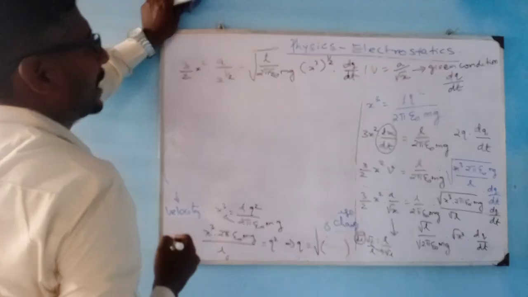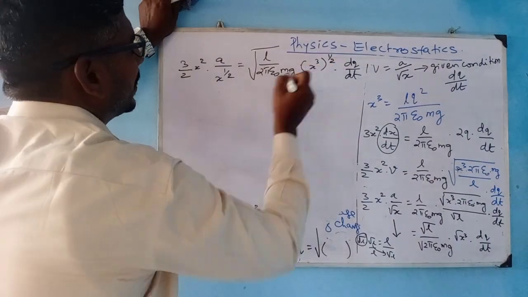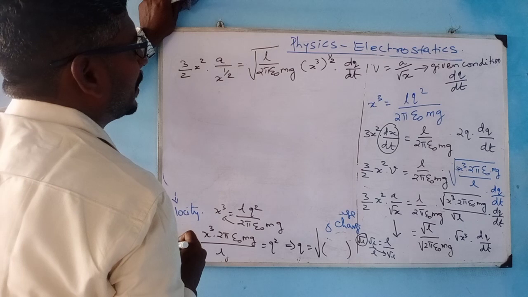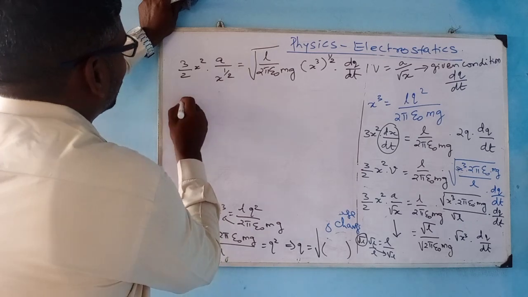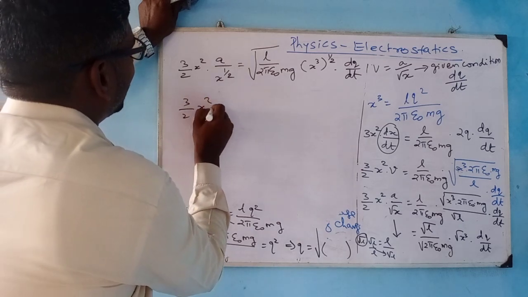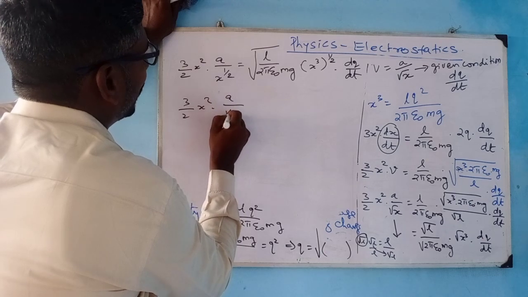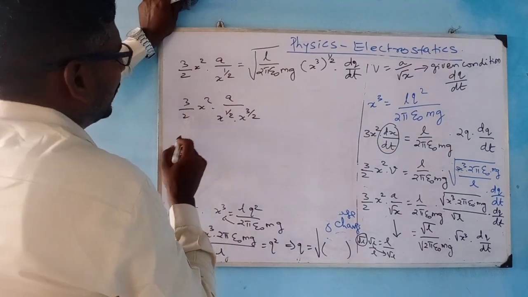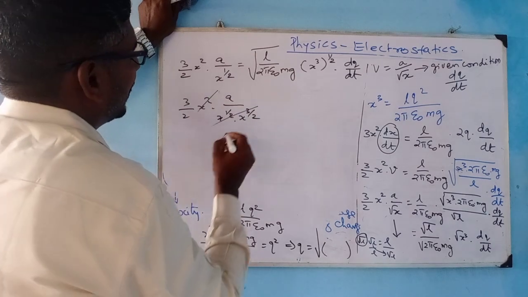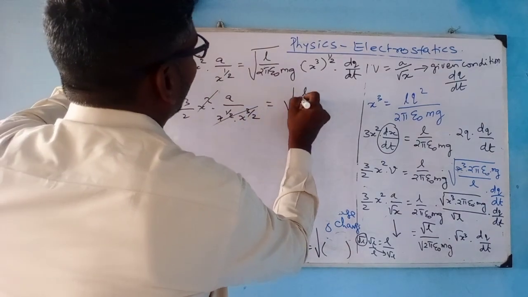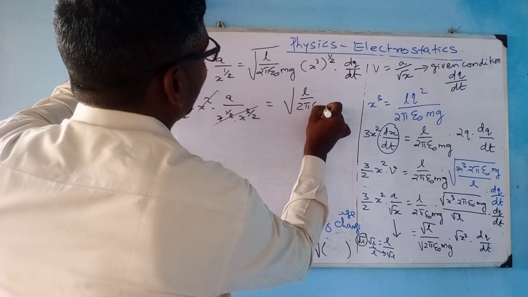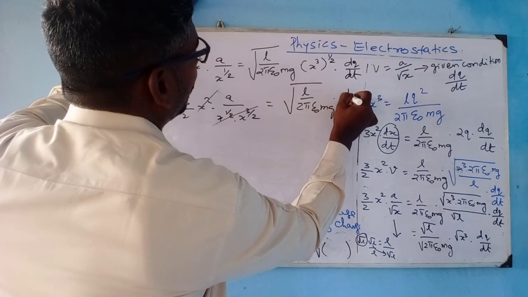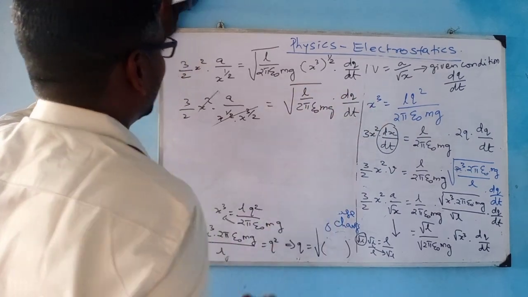So I am bringing it to the other end. So this is x cube to the power 1 by 2, that is 3 by 2. So 3 by 2 x square into a by x to the power 1 by 2 into x to the power 3 by 2, and this term and this term get cancelled. The remainder is L by 2 pi epsilon naught mg into dq by dt.